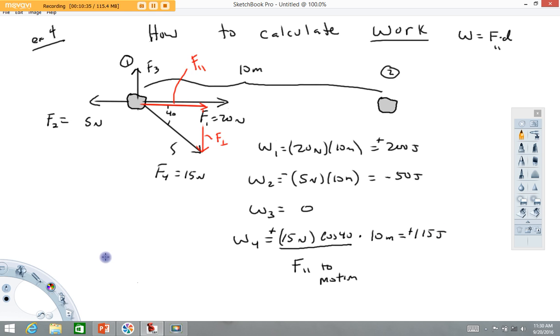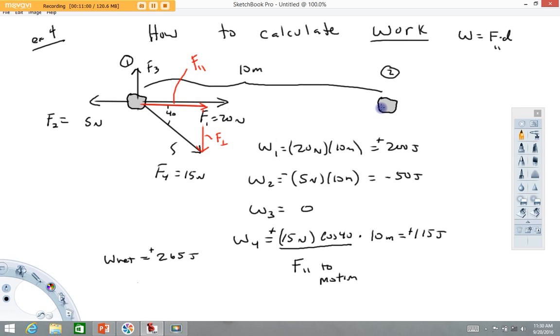And then in this example, the net work done, again, is the algebraic sum of these. So 200 minus 50 plus 115 is, what does that end up being? 265 joules positive. Also take notice that this object would be speeding up as we go from 1 to 2.